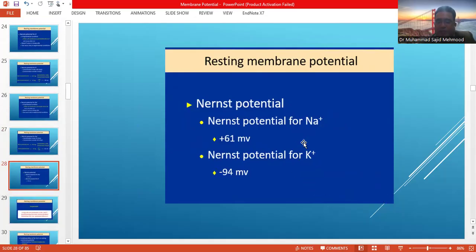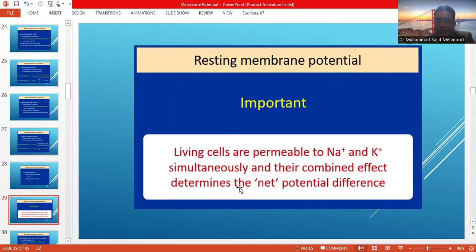So Nernst potential for sodium ion is plus 61 millivolt and Nernst potential for potassium ion is minus 94 millivolt. And here we can see that in the living cells they are permeable to sodium, potassium, and chloride as well, and their combined effect determines the net potential difference.